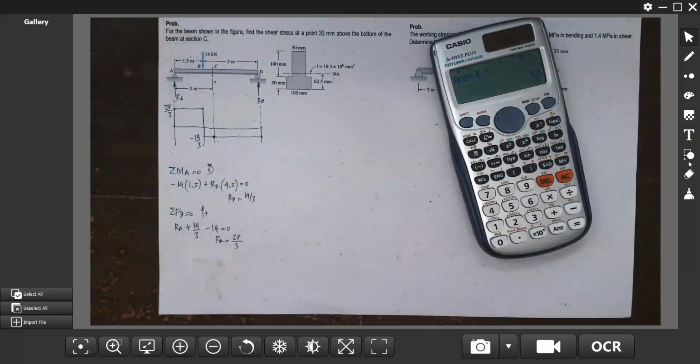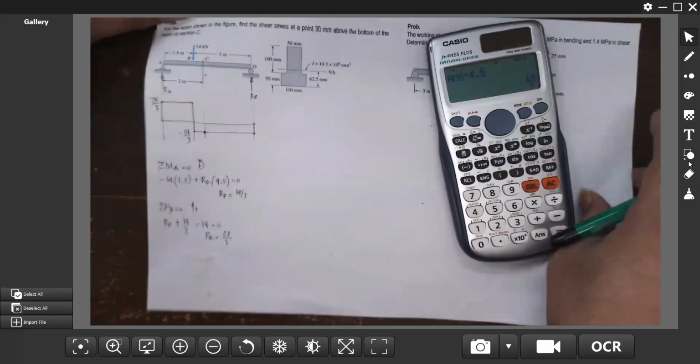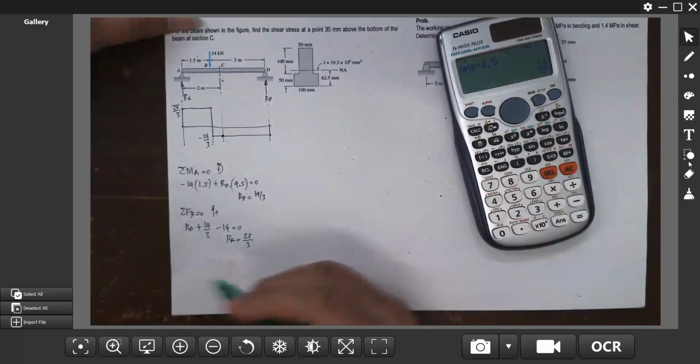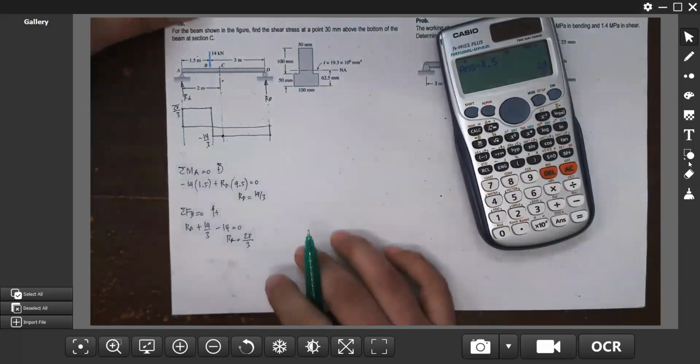Okay? And so, the formula is VQ over IB.